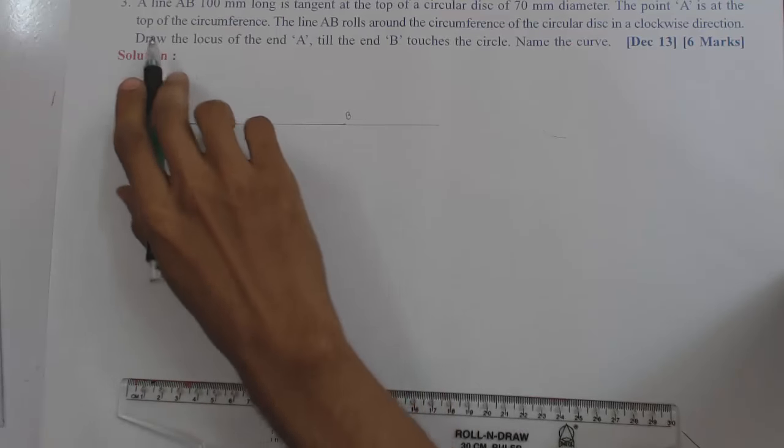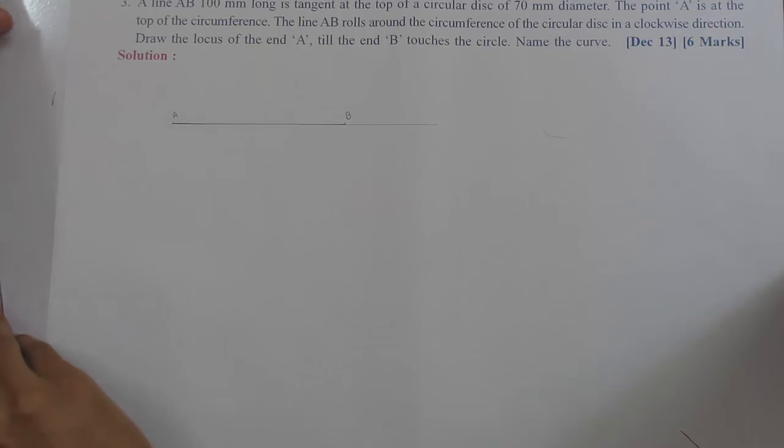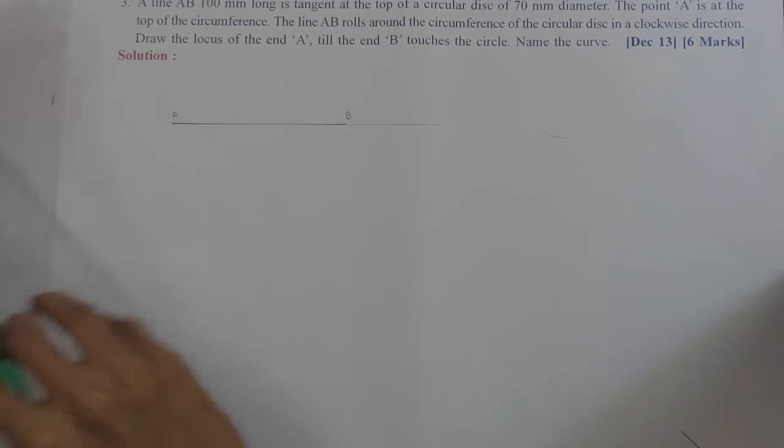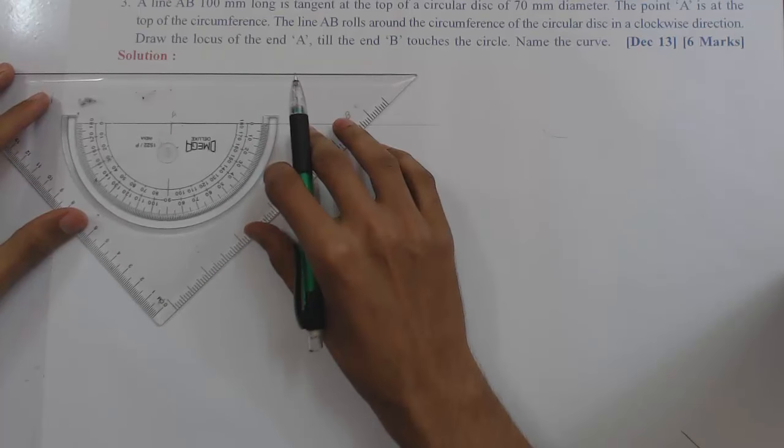and point A is given at the top of the circumference. So I should draw the circle such that the line is tangent to the circle at the topmost point A. So at A, I will draw the diameter of the circle, which is given as 70 mm.